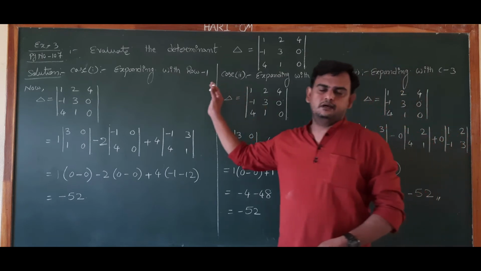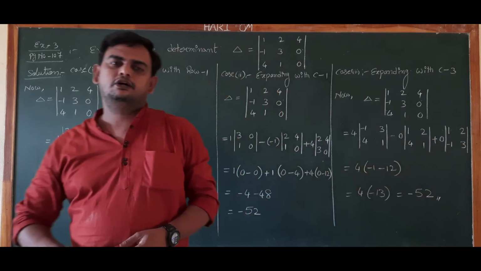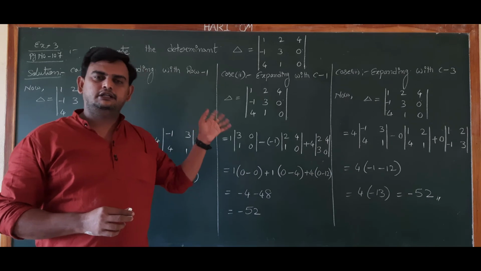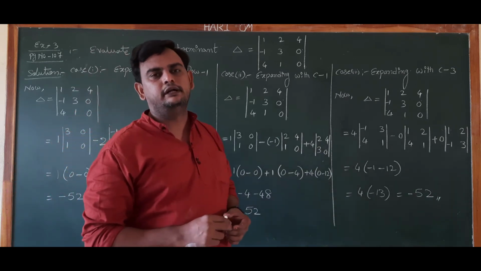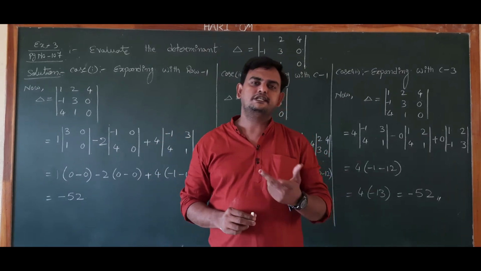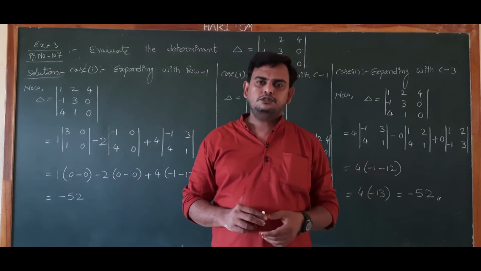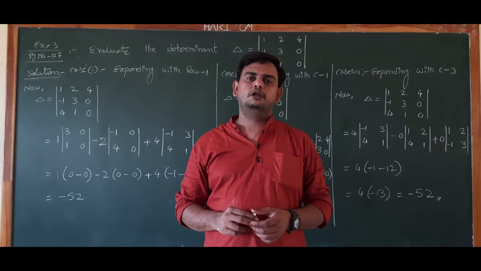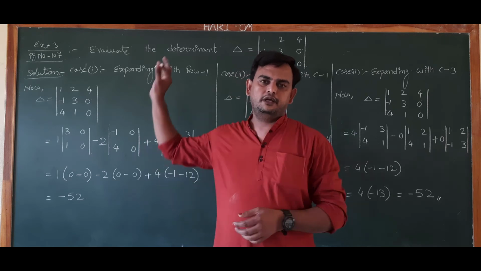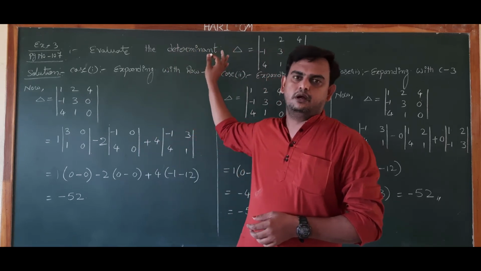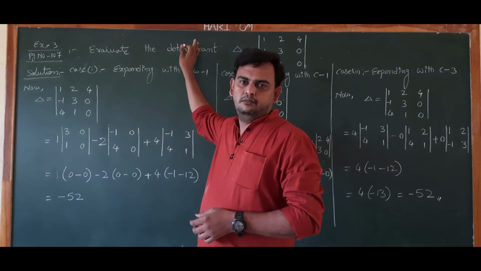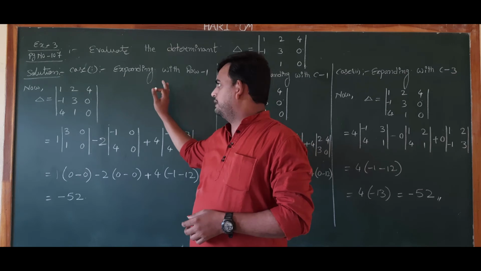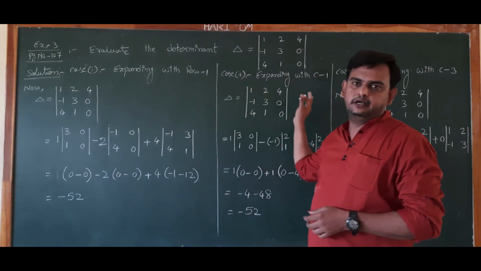Here we have example number 3 to understand the concept of finding the determinant of a 3 by 3 square matrix. As I told you, the determinant can be calculated in 6 ways, using 3 rows and 3 columns. To understand that concept, we have taken one example problem and I will explain 3 ways of finding the determinant.